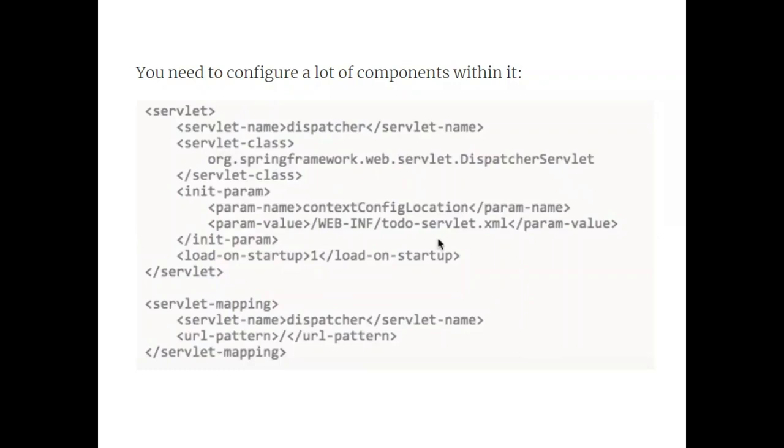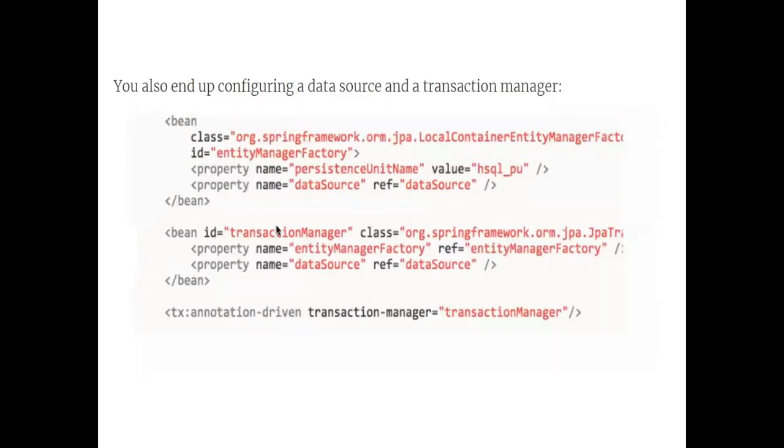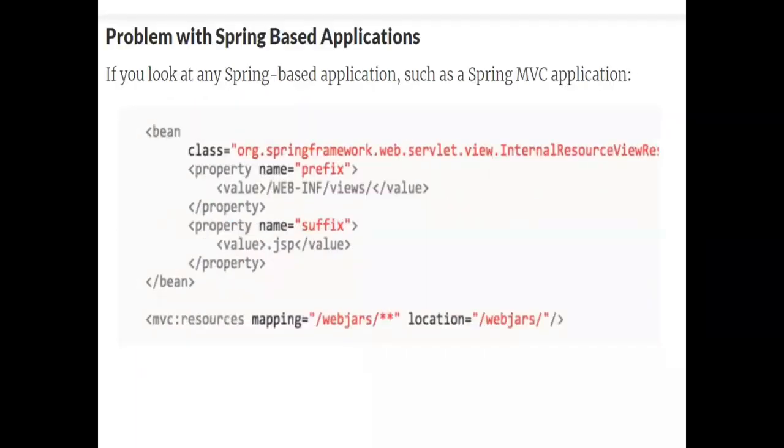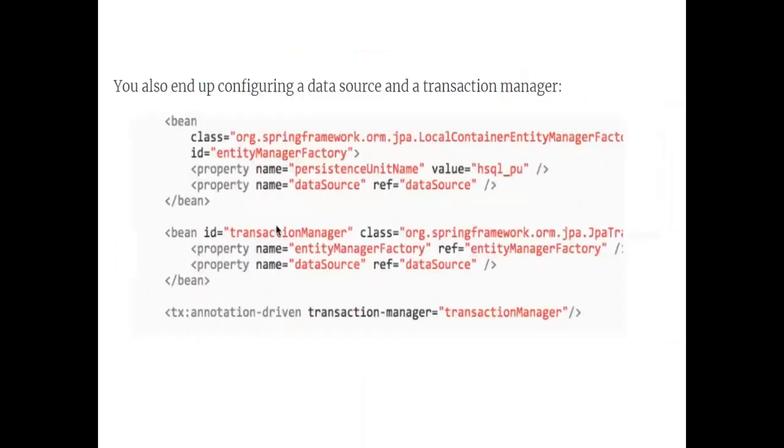Now we need a dispatcher servlet configuration, where the front controller is equal to the dispatcher servlet configuration. Where are our views? Where are our JSPs? Where are our web jars? We need to have them here. This is one more configuration in MVC, and one more configuration we need to write with JPA.